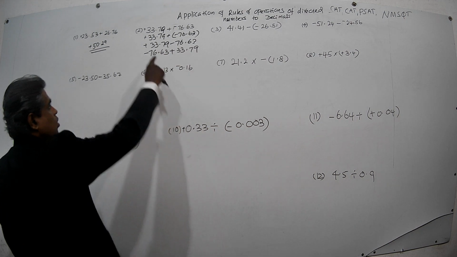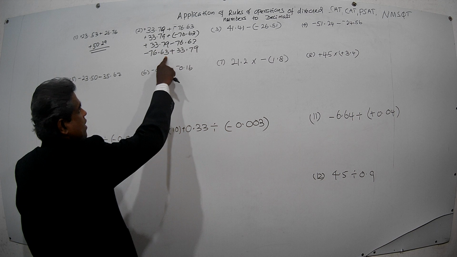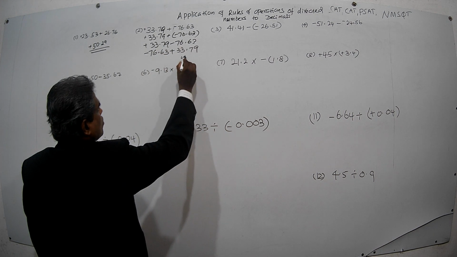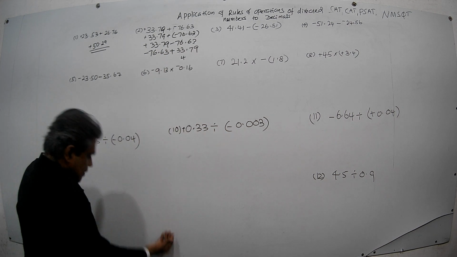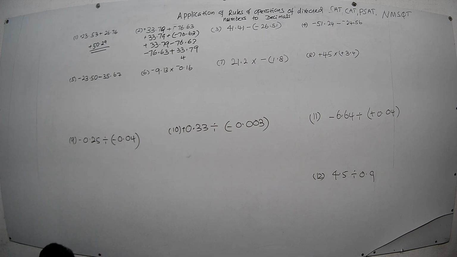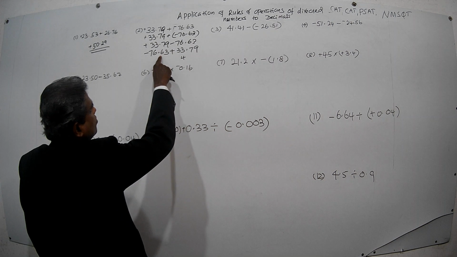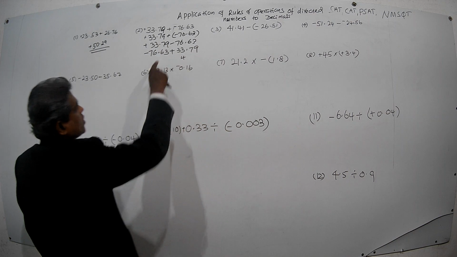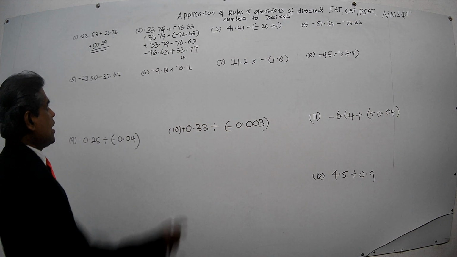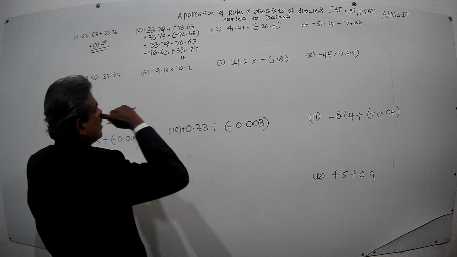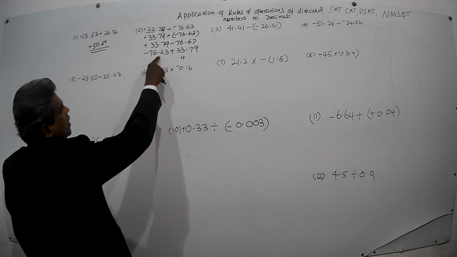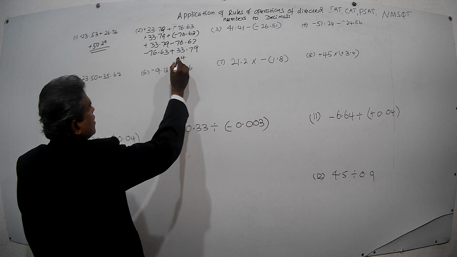Therefore, you take 1 from this 6 to 3, it is 13. 9 from 13 is 4. Now here there is 5. Then 7 from 5 is not possible. Therefore, you take 1 from this one to this one. Then it will be 15. 7 from 15 is 8.